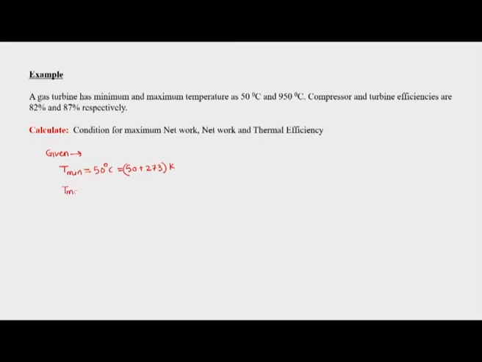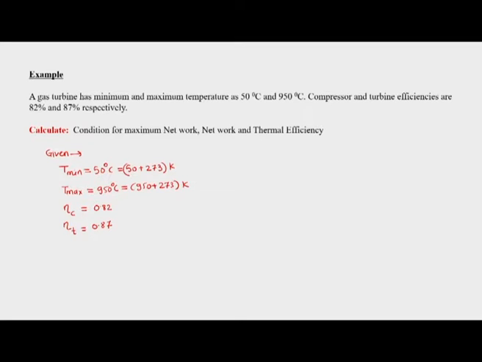Then Tmax is 950 degrees Celsius, so it is 950 plus 273 Kelvin. Along with that, we are given the isentropic efficiency of the compressor as 0.82 and the isentropic efficiency of the turbine as 0.87.